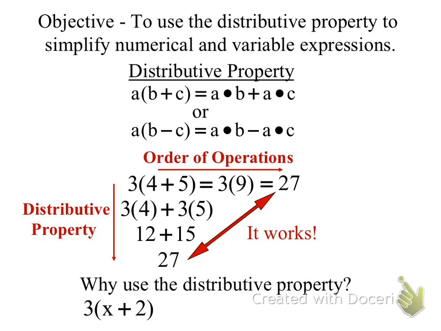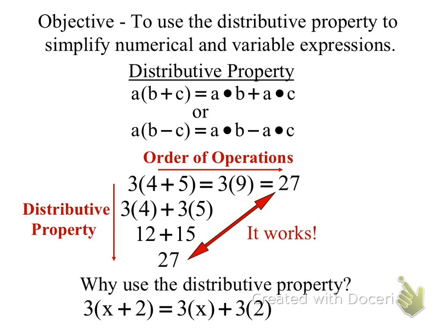Why use the distributive property? We generally use it when we have variables, like I just said, because I don't know the value of x. So I'm doing 3 times an unknown amount plus 3 times 2. It's 3 times everything in there. What does that simplify to? What's 3 times x?